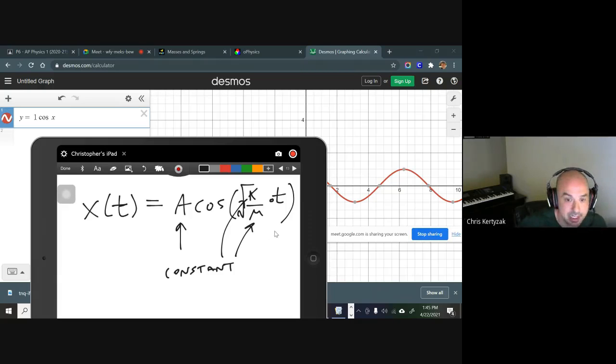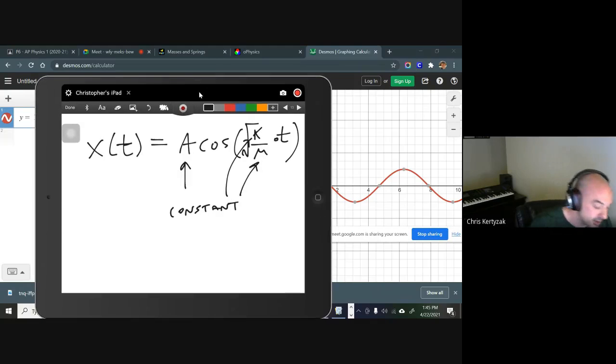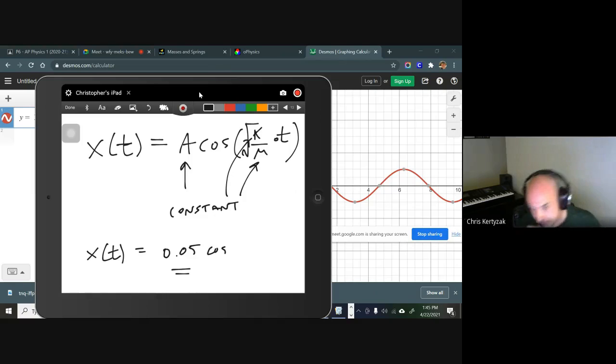So in a real scenario where, okay, Mr. Kurtzak pulls the block 5 centimeters to the right, and then lets go of it. What formula will model its motion as it goes back and forth? We pulled it 5 centimeters, and point A is 0.05. We'd have to know the properties of the system, k and m.